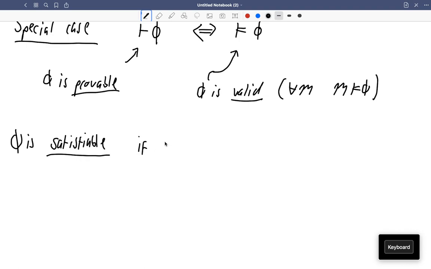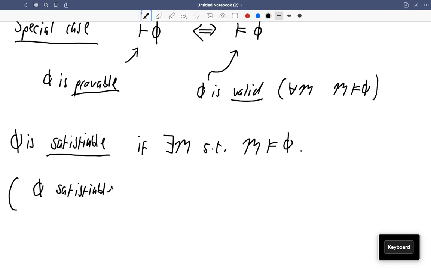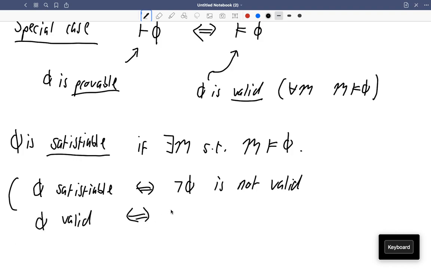So if there exists an M such that phi is true in M. And as before, phi is satisfiable if and only if not phi is not valid, and phi is valid if and only if not phi is not satisfiable.